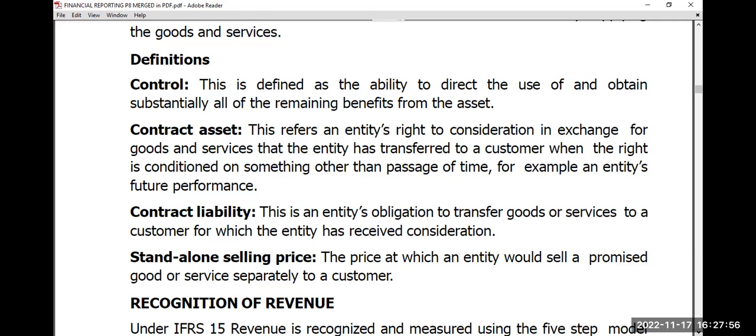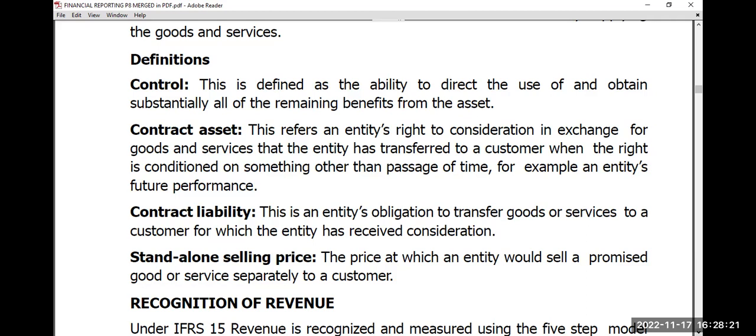This refers to an entity's right to consideration in exchange for goods and services that the entity has transferred to a customer when the right is conditioned on something other than passage of time. For example, an entity's future performance.